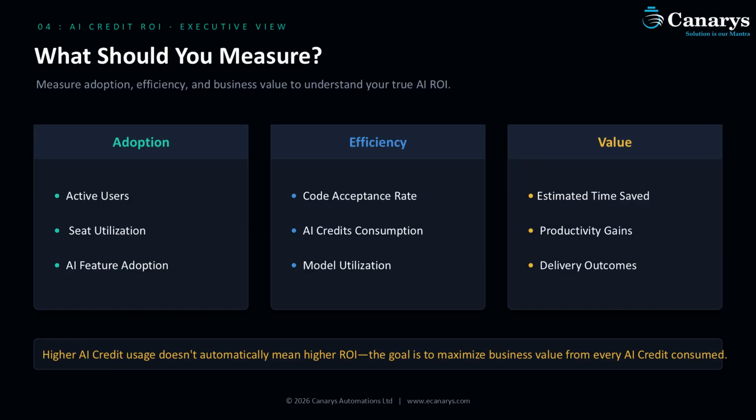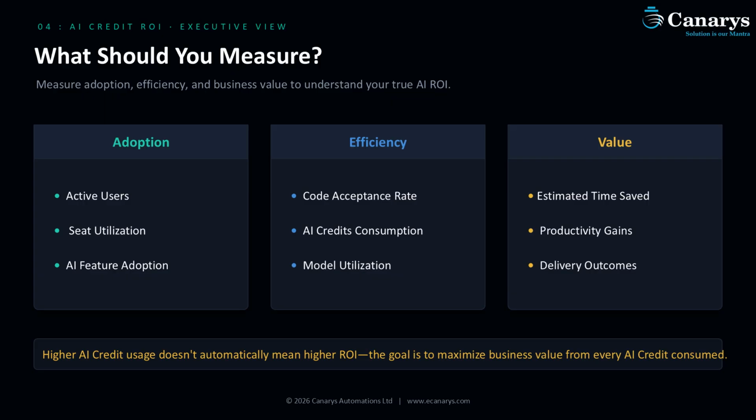Once we understand how ROI is created, the next step is measuring it. Looking at AI credit consumption alone doesn't tell the full story. Instead, we should focus on three categories of metrics. First is adoption, which shows whether developers are actively using GitHub Copilot and its AI capabilities. Second is efficiency, where we measure metrics such as suggestion acceptance, AI credit consumption, and model usage to understand how effectively Copilot is being used.